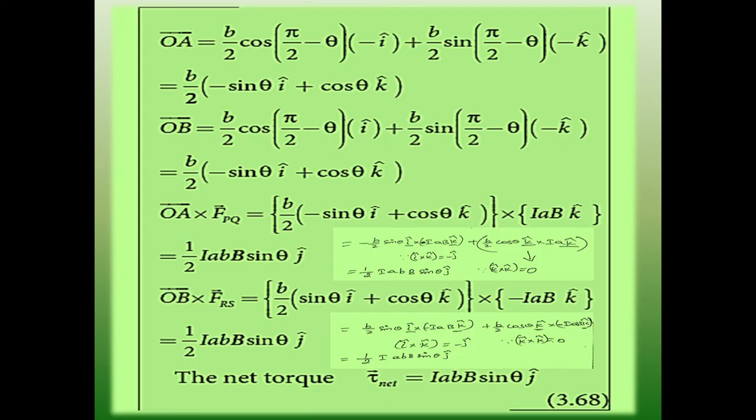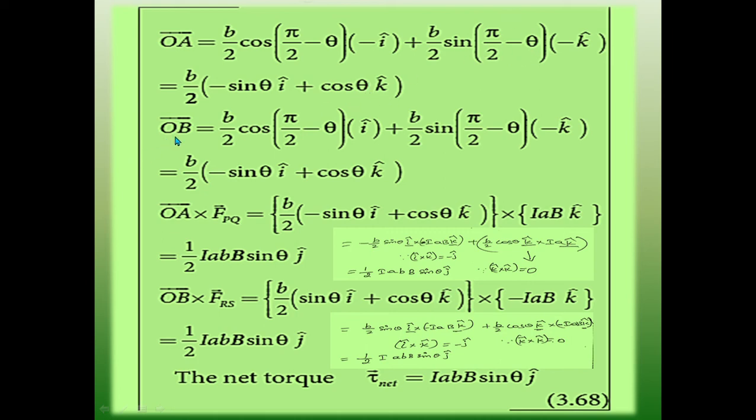So the equation can be written as b by 2 cos(pi/2 minus theta) minus i cap plus b by 2 sin(pi/2 minus theta) into minus k cap. Removing the common term b by 2, cos(pi/2 minus theta) is nothing but sin theta, giving minus sin theta i cap, plus sin(pi/2 minus theta), which is nothing but cos theta, k cap.